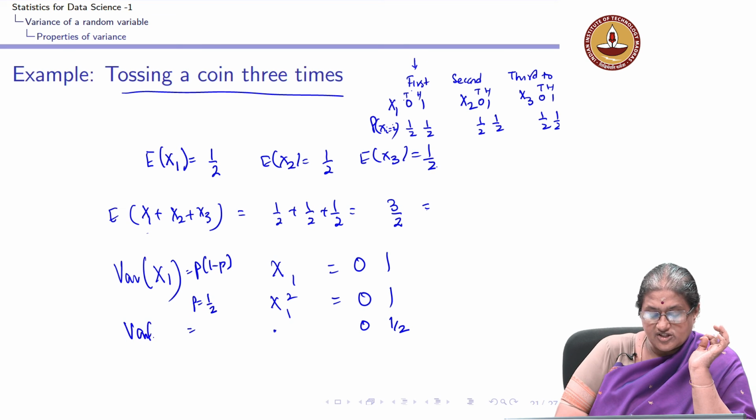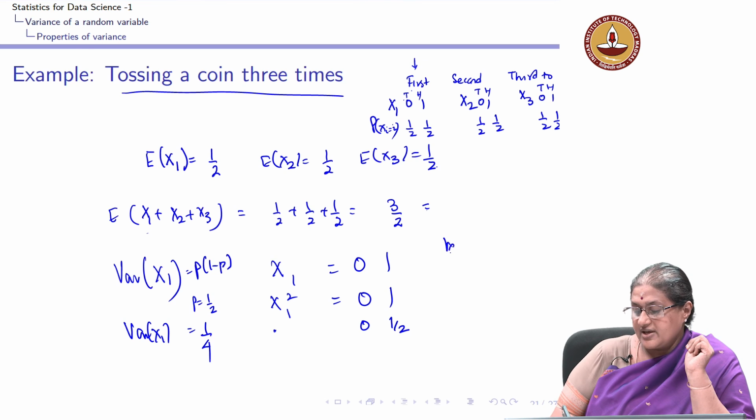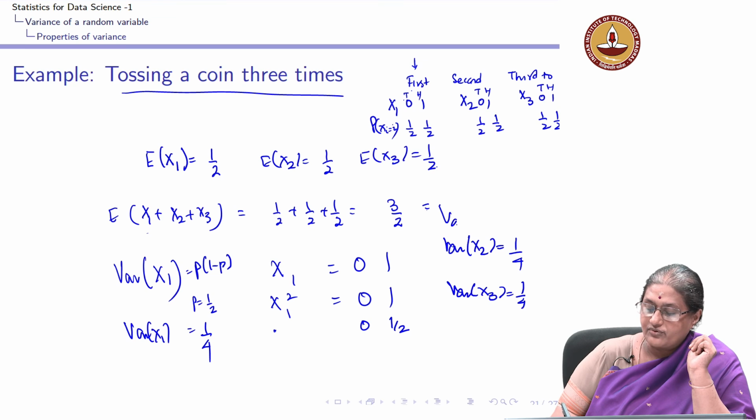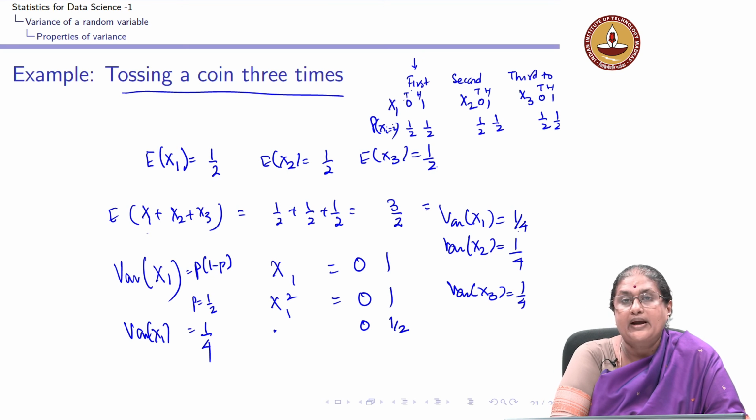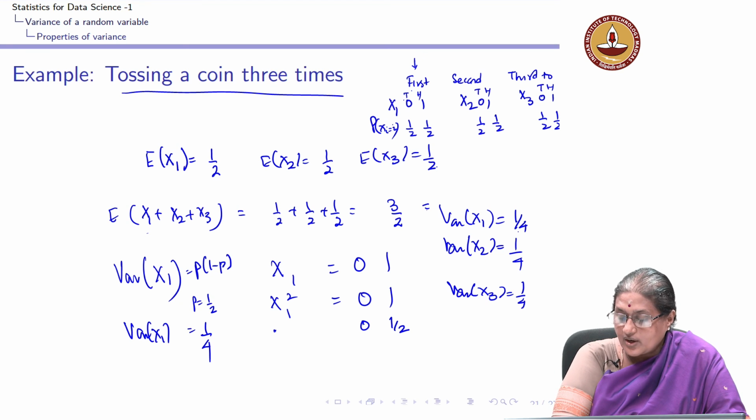So the variance of x1 is 1 by 4. Similarly, the variance of x2 is also 1 by 4 and the variance of x3 is also 1 by 4, because x1, x2, x3 are all Bernoulli random variables with parameter p equal to half.